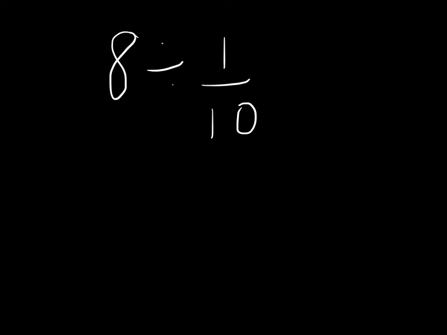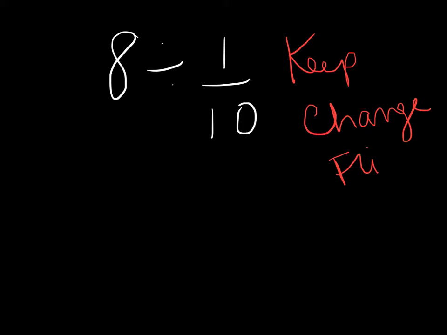What I want to do in this video is just remind you of what we do with fractions in order to help us work with powers of 10 when we divide with decimals. This is when we're going to be using what we have learned quite a while ago, our keep, change, and flip, what we know that Chloe taught us a long time ago.